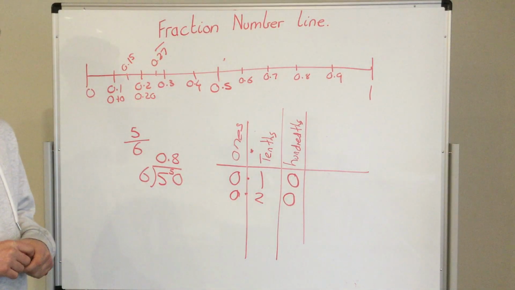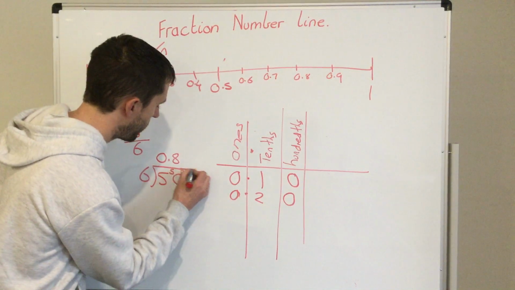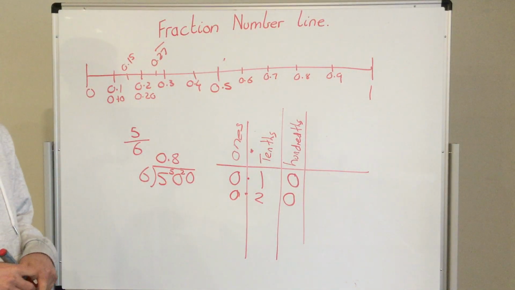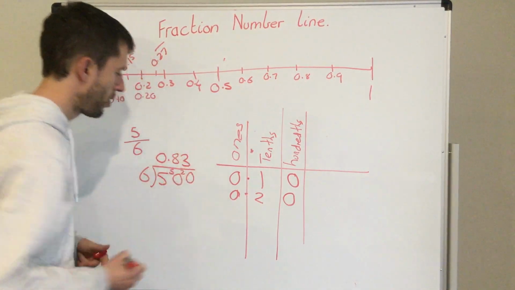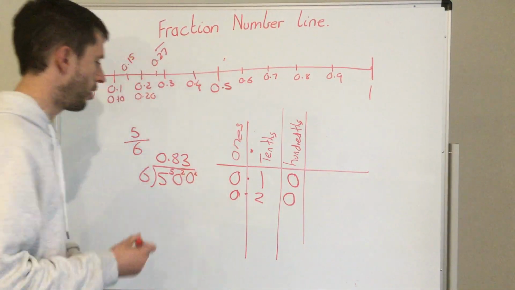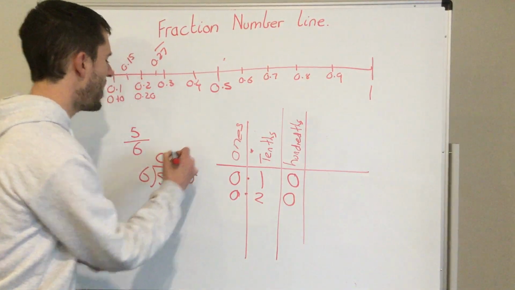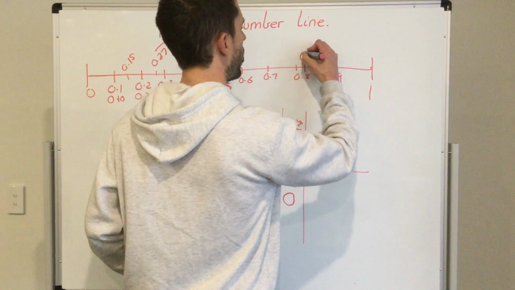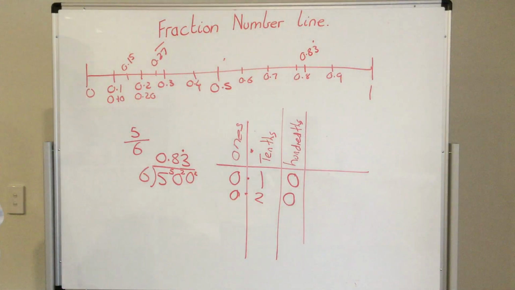Because 8 times 6 is 48. 2 left over. So I carry the 2, I drop the 0. How many 6s in 20? 6, 12, 18. 3. 2 left over. It's going to keep repeating. So I'll just put a dot there. So my answer is 0.83 reoccurring, and I put it on the number line here, 0.83 reoccurring.